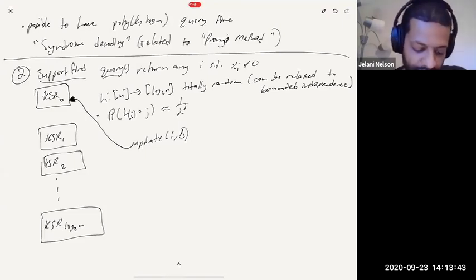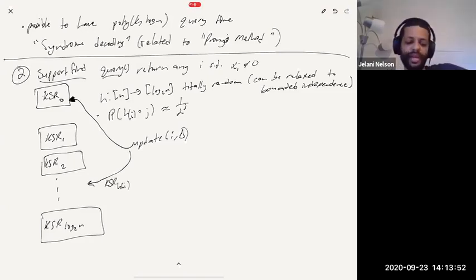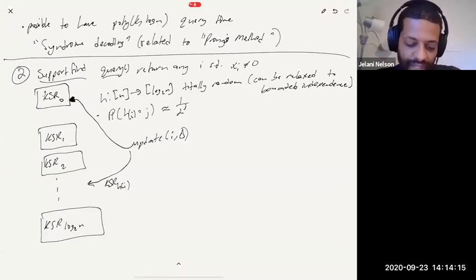In particular, I'll send it into KSR sub h of i. Because h is biased to usually be small, the probability that h of i is big is exponentially small. So usually h of i is 1. Once in a while, h of i is 2. Even less frequently, it's 3, etc. So the majority of these updates will get sent to KSR 1, but some will get sent lower as well. So that's it. That's my data structure.